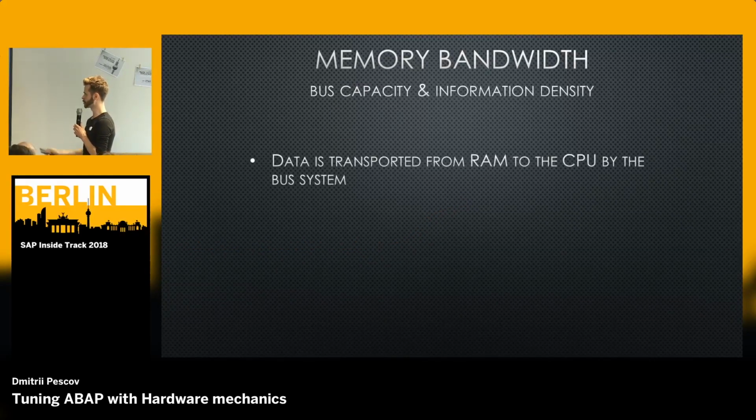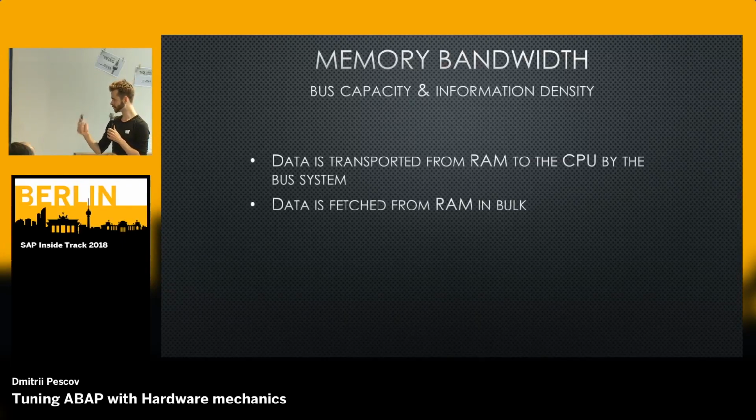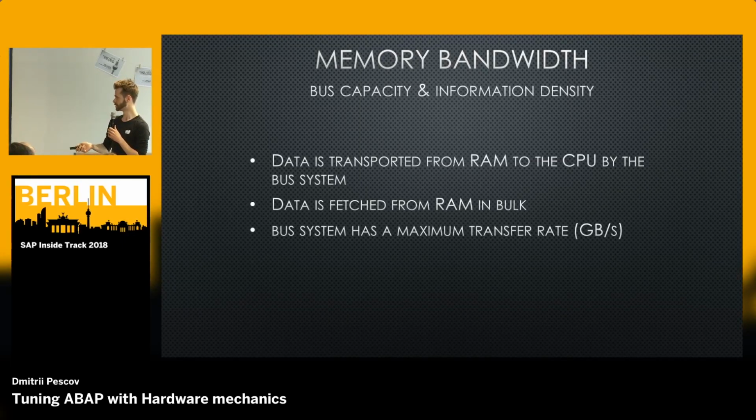Now, my data is transported from RAM to my CPU by the bus system. And as every infrastructure, the system has a maximum transfer rate. That means that if I want to transport more, I'm not as fast anymore. Also, my data is fetched in bulk. That's called contiguous memory access.